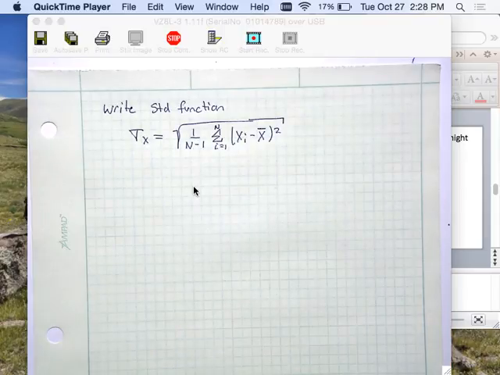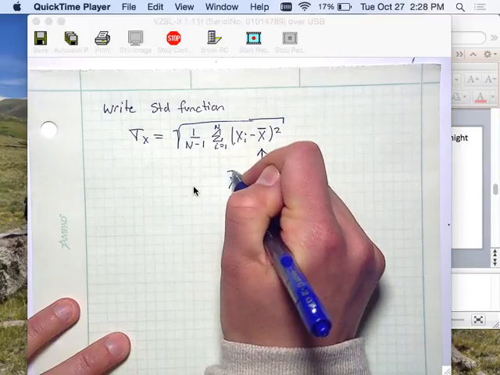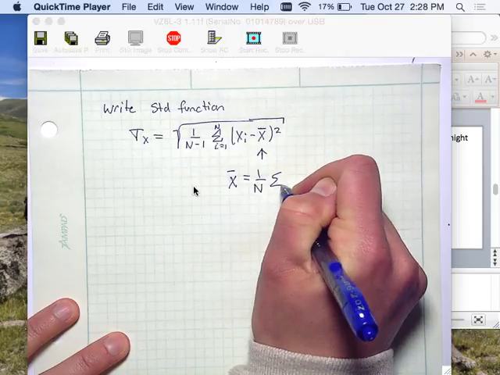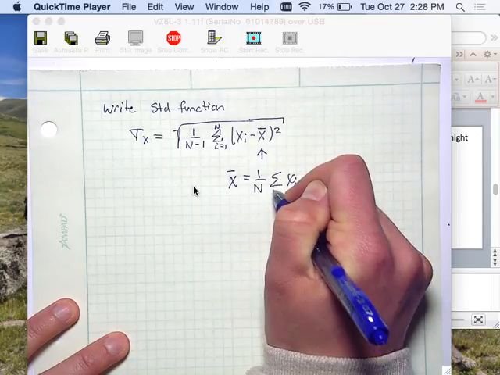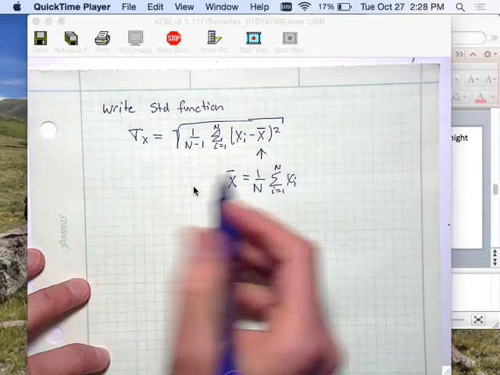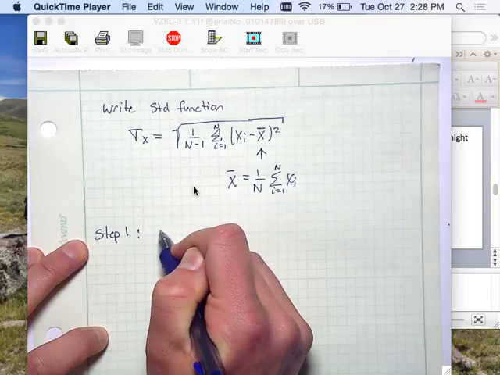Okay, so first step, any thoughts? Here we have the mean, where x bar is equal to 1 over n times the sum of xi. So we'll start by calculating the mean, right? Because that is in there. We need to know that. So step 1, I'm going to say calculate the mean.